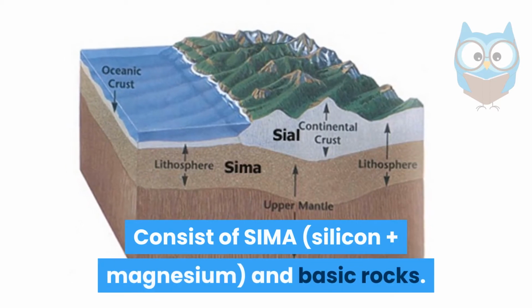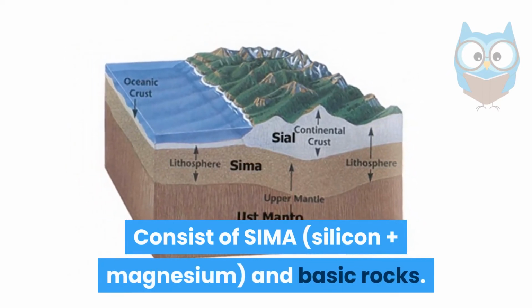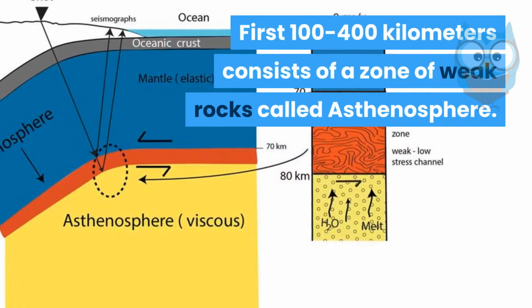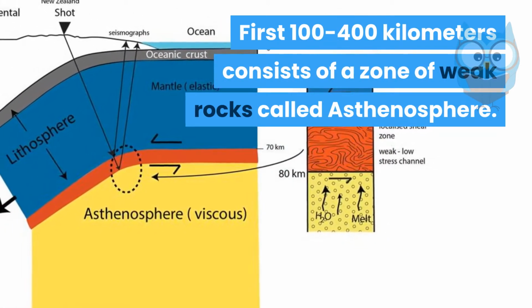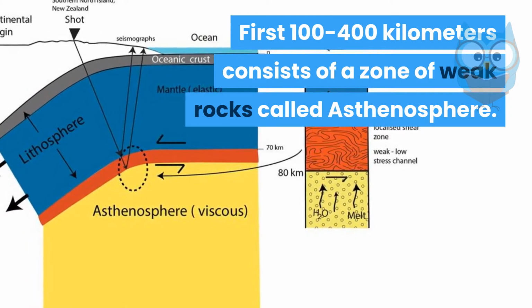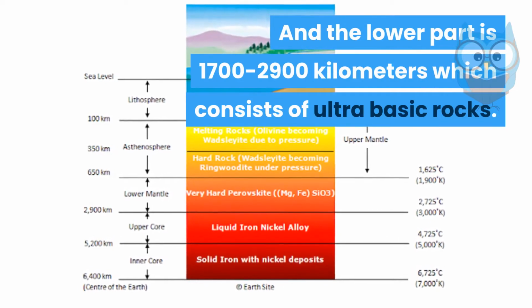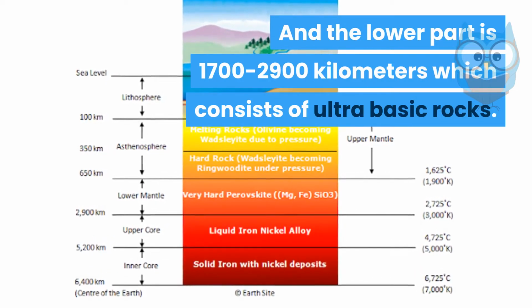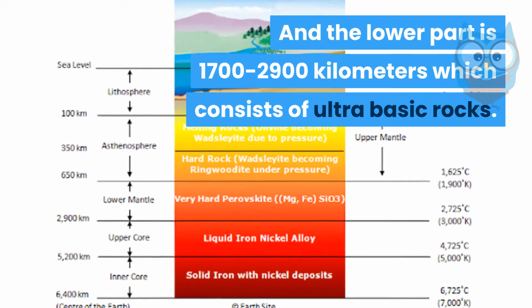It consists of SiMa, silicon plus magnesium, and basic rocks. The first 100 to 400 kilometers consists of a zone of weak rocks called the asthenosphere. And the lower part is 1,700 to 2,900 kilometers, which consists of ultra-basic rocks.